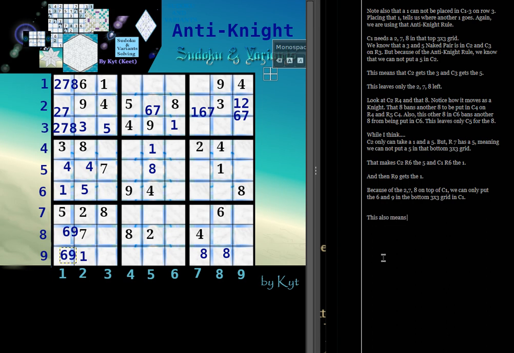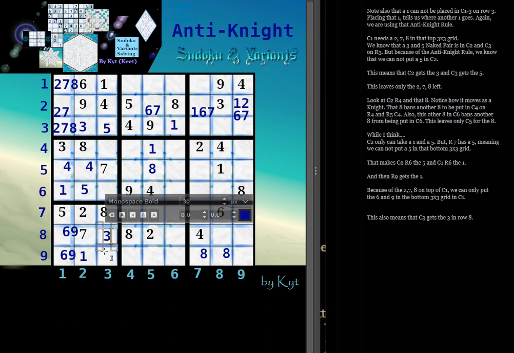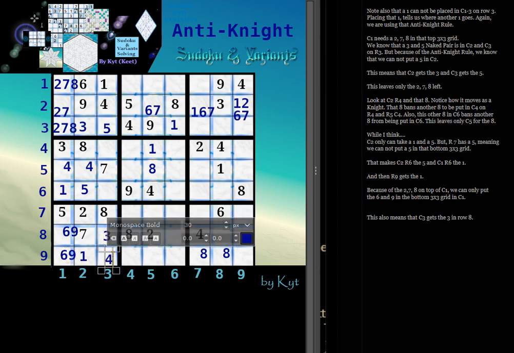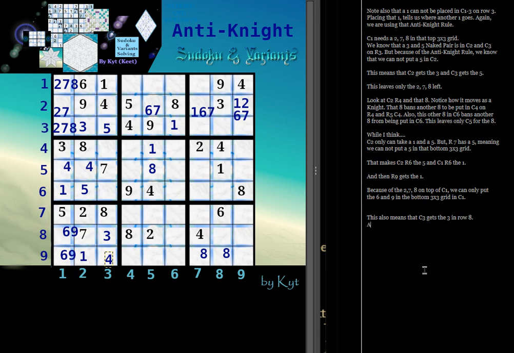This also means that column 3 gets the 3 in row 8 and the 4 in row 9.